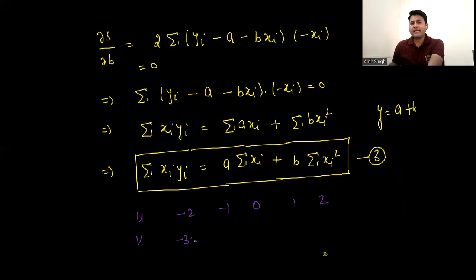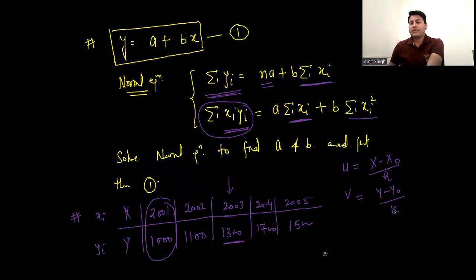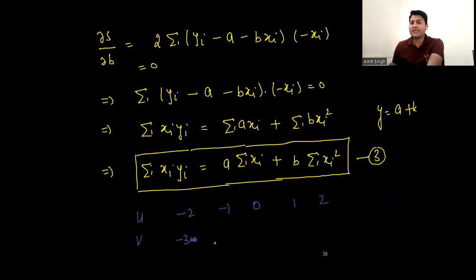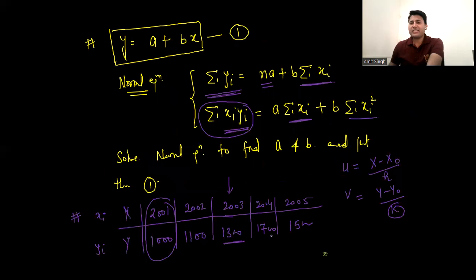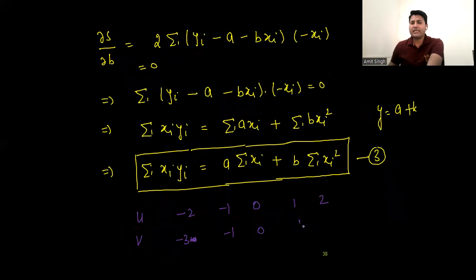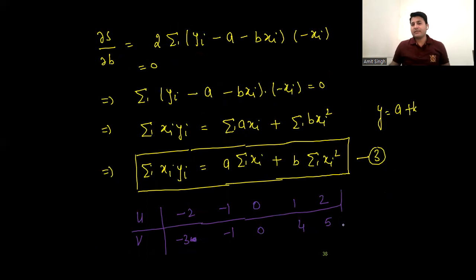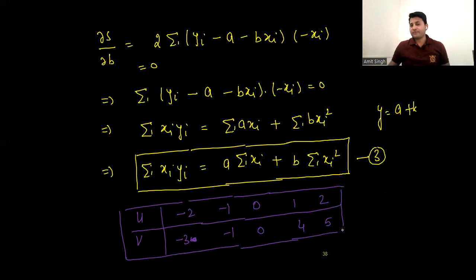Moreover, we can take k as 100 to reduce the calculation. So the first entry will be only -3, then -1, then 0, then 4, and then 5. Now you can see your entries become too easy, so the calculation also becomes easy.